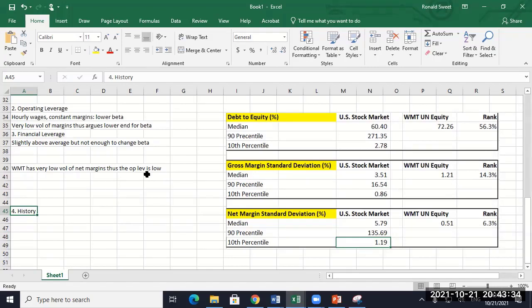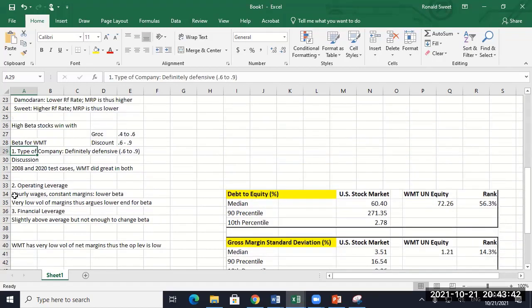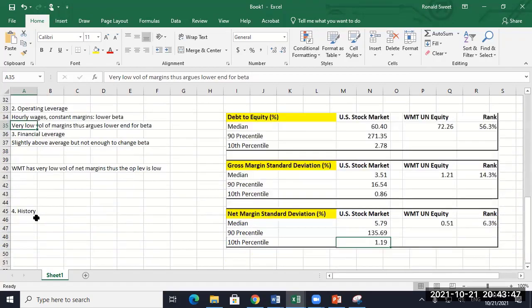We don't really have anything else to go to. So I'm not trying to destroy CAPM. I actually think CAPM is a good model, except I just think beta is a number that you forecast. It's not a number you pull out of history. So we'll look at the history next. All right, I'll stop it there.